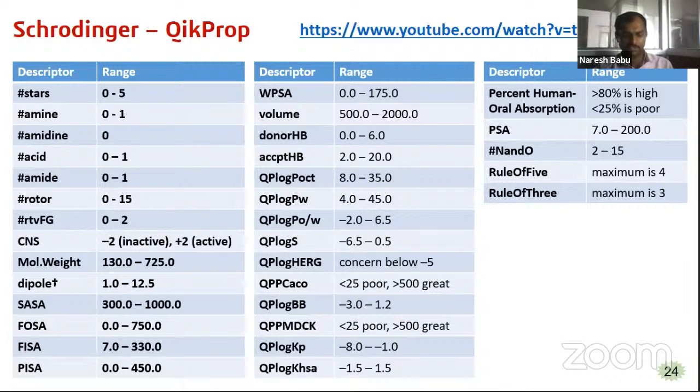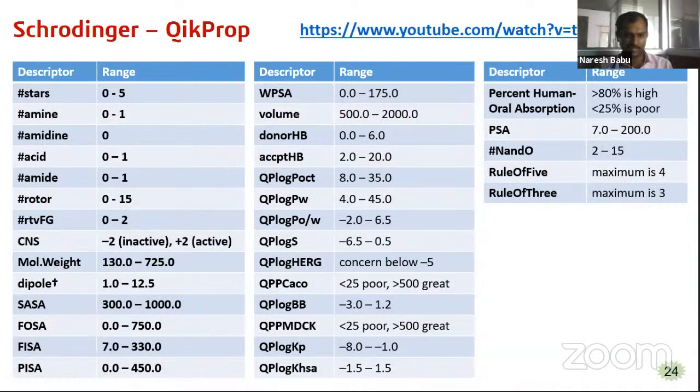Caco cells are an immortal cell line of human colorectal adenocarcinoma cells. And log BB, that is blood-brain barrier permeability, the compound should be in the range from -3 to 1.2. And QPPMDCK, this indicates predicted apparent MDCK cell permeability.